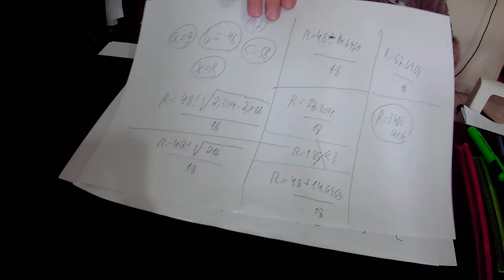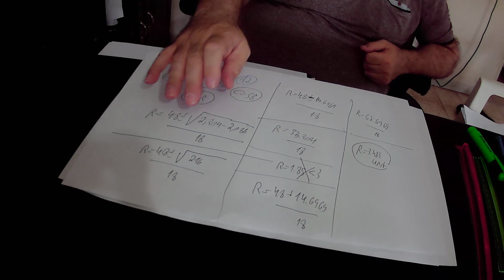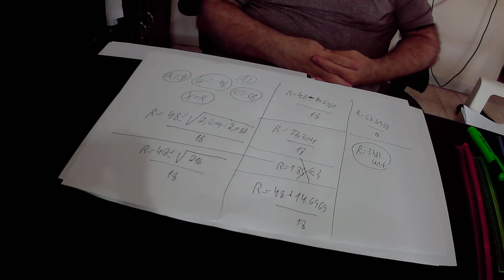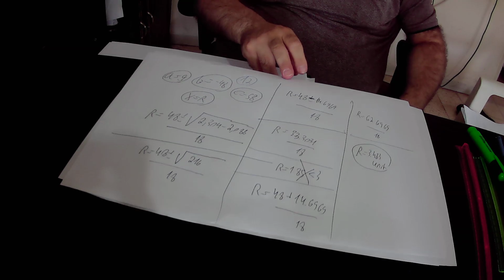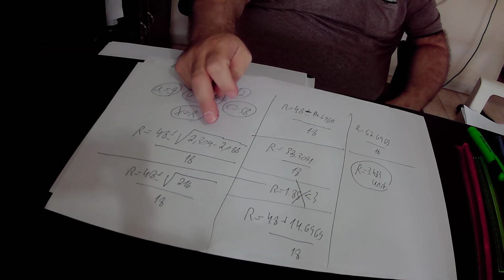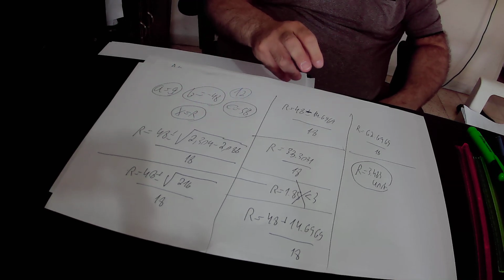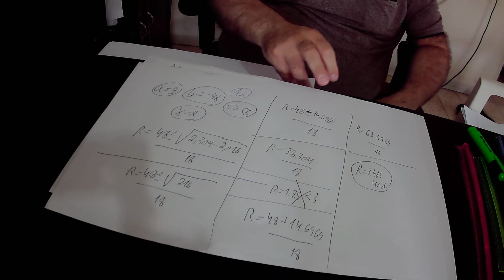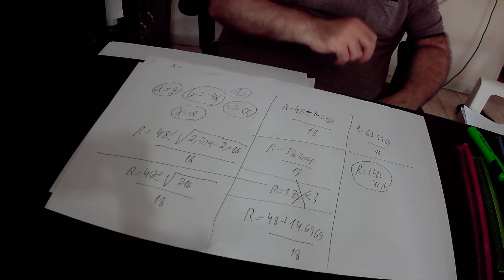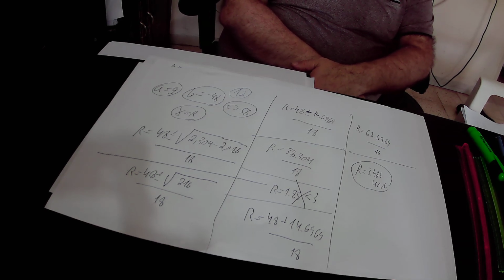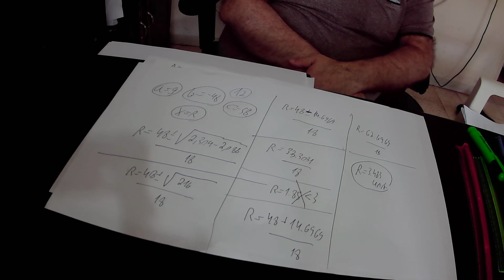Okay, so here we have two possible solutions for R. The first solution is that R equals 48 minus the square root of 216, over 18. The square root of 216 is 14.6969. 48 minus 14.6969 is 33.3031, and if we divide it by 18, we get that R equals 1.85.